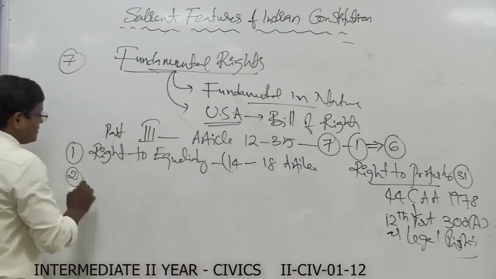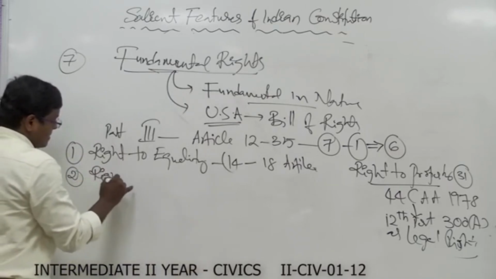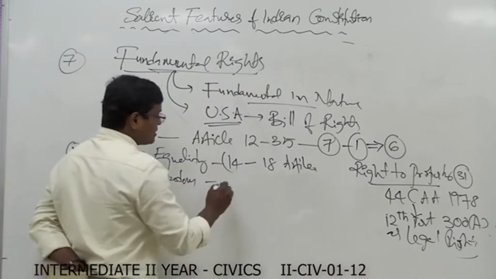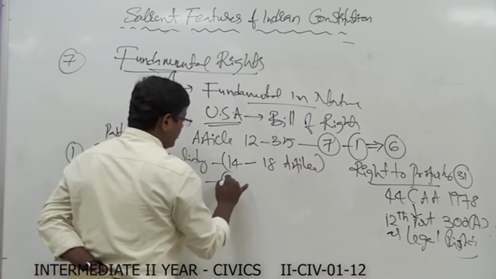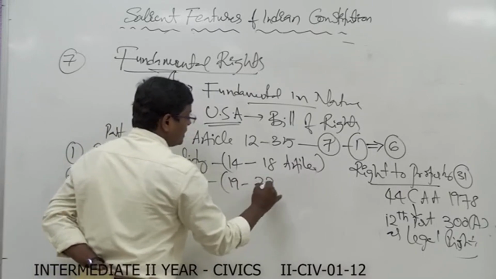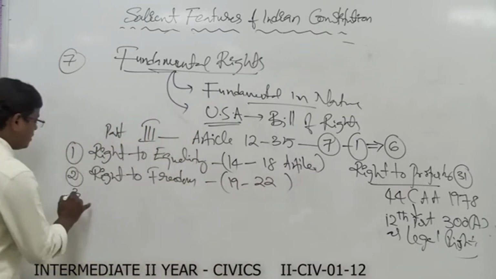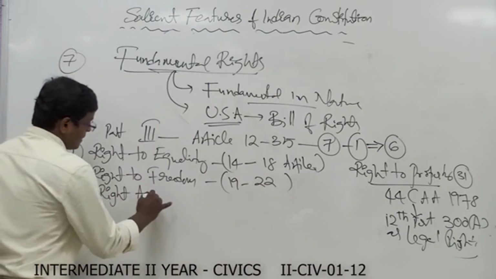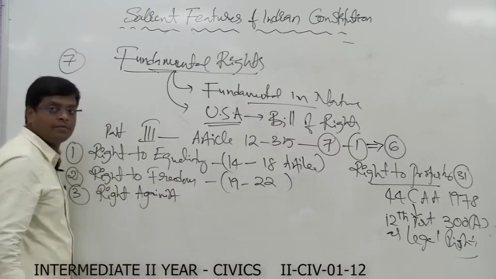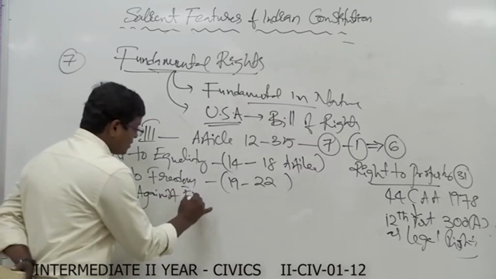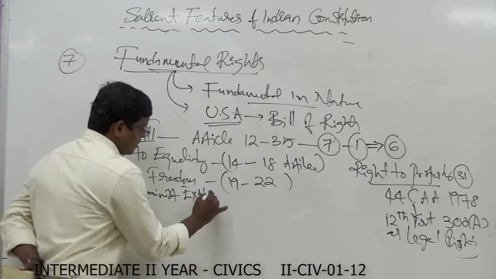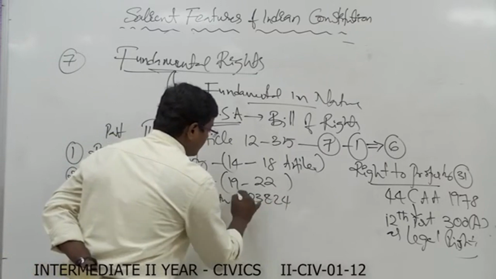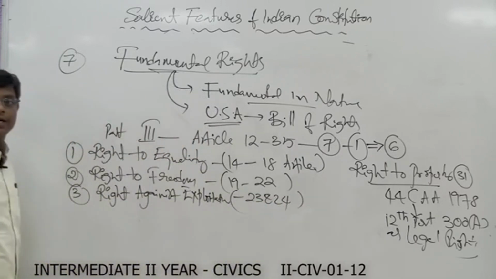And the second right is the right to freedom, which is Article 19 to 22. And the third one is the right against exploitation, under Article 23 and 24.